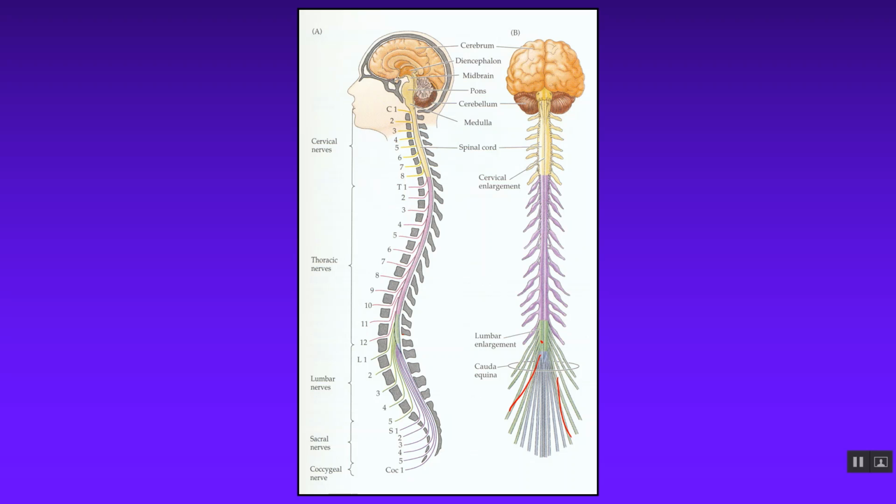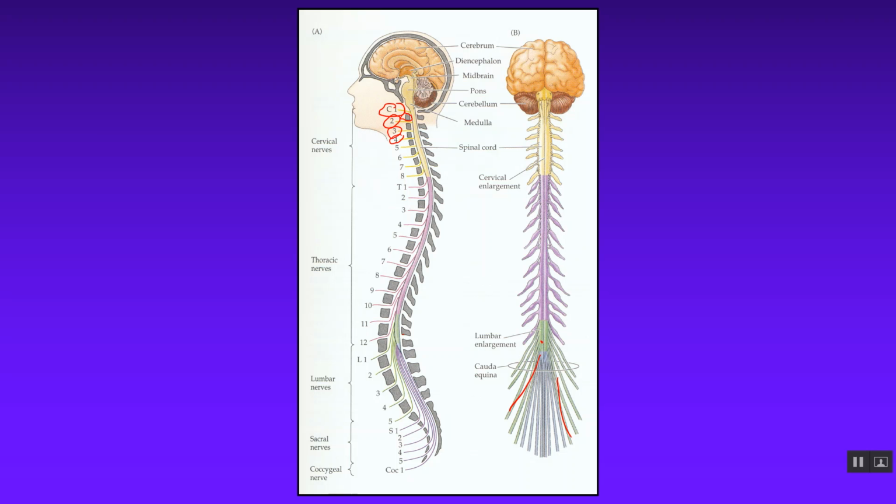One other thing to appreciate, too, is that the nerve roots in the cervical spine come out above the vertebrae of their vertebral level. So C1 is coming out above the C1 vertebrae, okay? When you get down to C7, then you have a C8, but there is no C8 vertebrae.